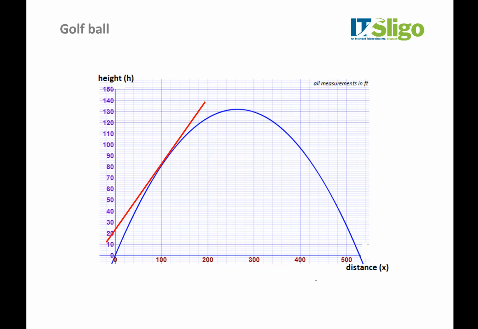And then finally, what was the speed of the ball? We can tell the ball is still heading upwards. Or no, not the speed. What was the rate of climb of the ball? So for every foot it travels, what's the height gain?